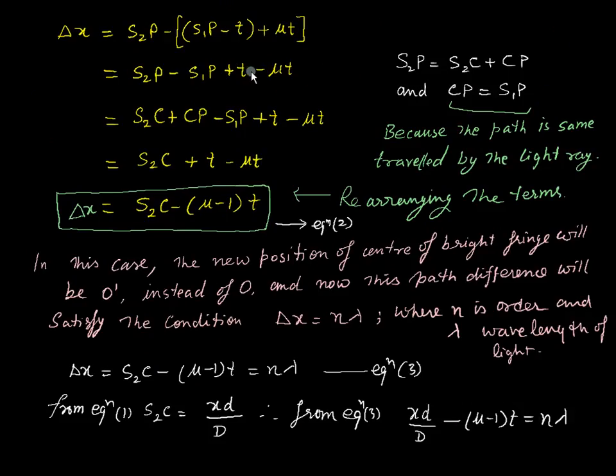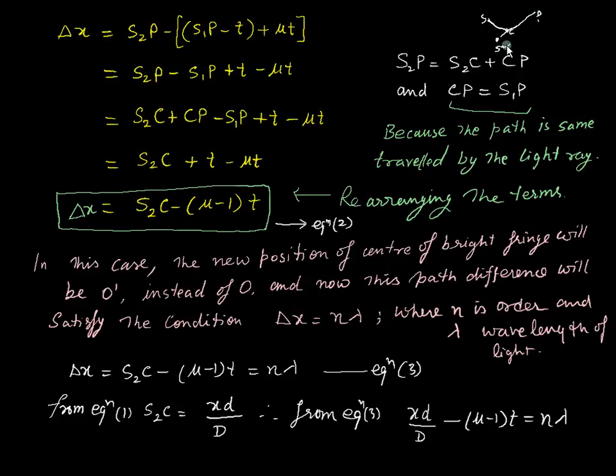So after simplification of this equation, we get S2P minus S1P plus T minus mu T. Now, as you know, S2P is equal to S2C plus CP. S2P is the light path from source S2 to that point P, right? So here S2C is that distance. This C was the perpendicular, S1C was the perpendicular, this was the C point, this was the S2, and here was the P point.